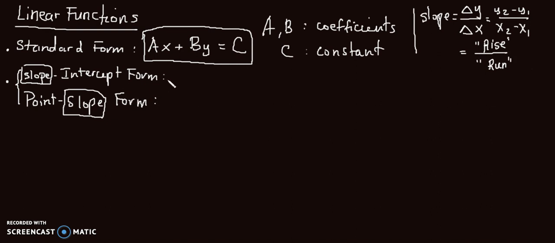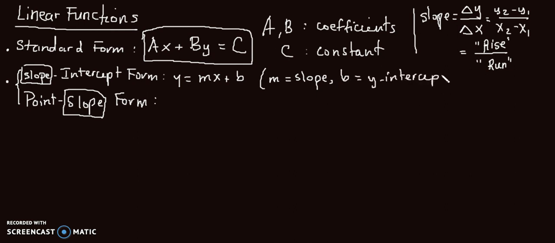So slope-intercept form is y equal to mx plus b. So m is defined as our slope, and b is our y-intercept. When we talk about the intercept, let's review. We have a coordinate system like this. This is called Cartesian coordinates.